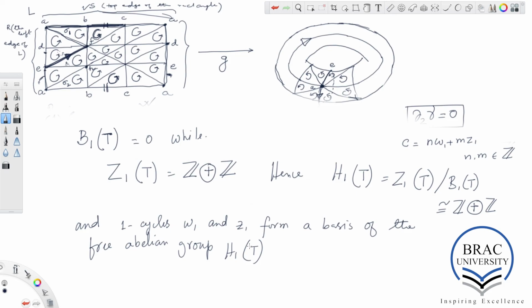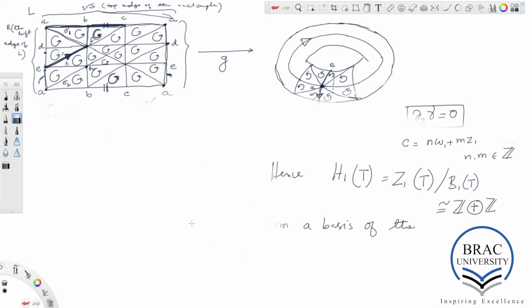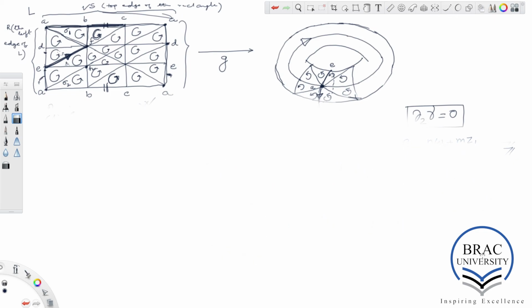Okay, let us compute H2 of T, which is the second homology group of the two torus. Let D be a two cycle on T, then since it's a two cycle, del 2D is equal to 0, right?